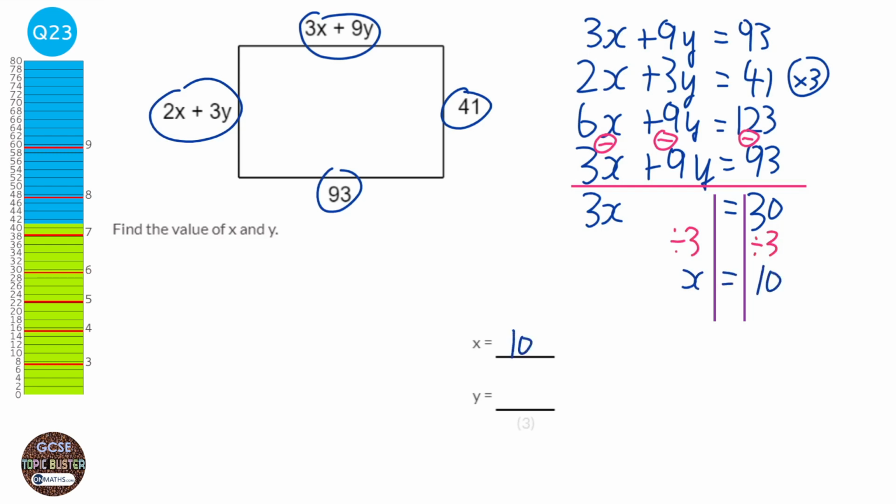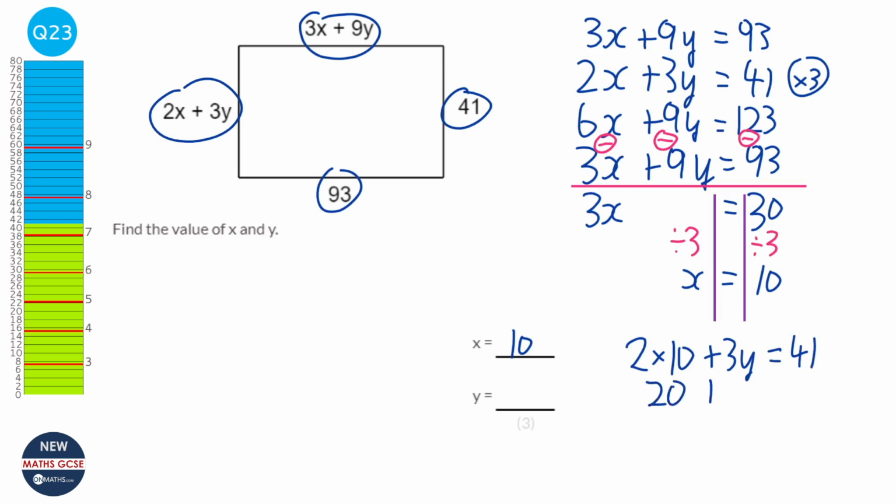So we know what x is, but we need to find out what y is. So what I'm going to do is just pick one of the equations. I could pick the 2x plus 3y equals 41 and just substitute the value of x in. So 2 times, instead of x, it's times 10 plus 3y equals 41.